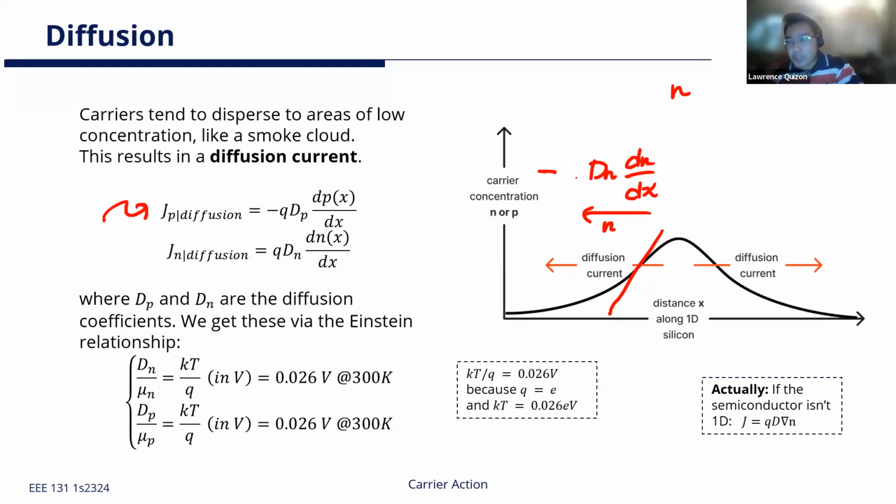But since electrons are negatively charged, you multiply that with negative q, and you get q D_n dn over dx. So that's that one for this one.